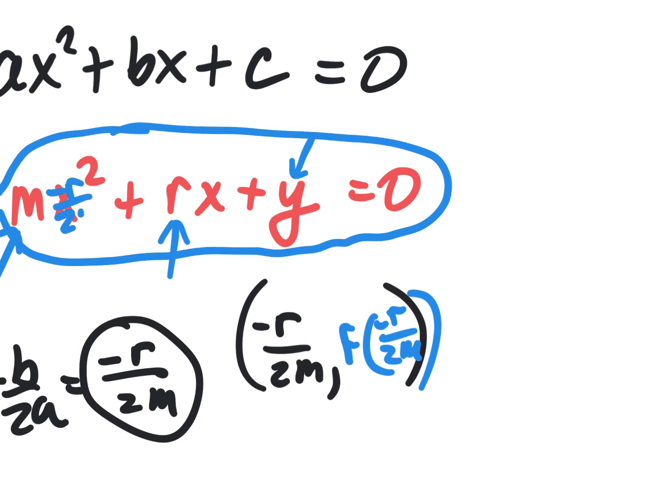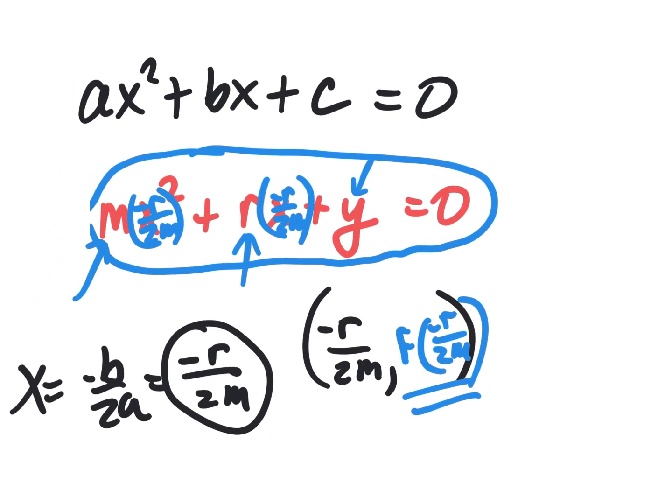Negative r over 2m, go here and here. And then if you did that, you'd be able to solve it down and your answer would have a y in it, but that gets really complicated. What I was really looking for was just that.